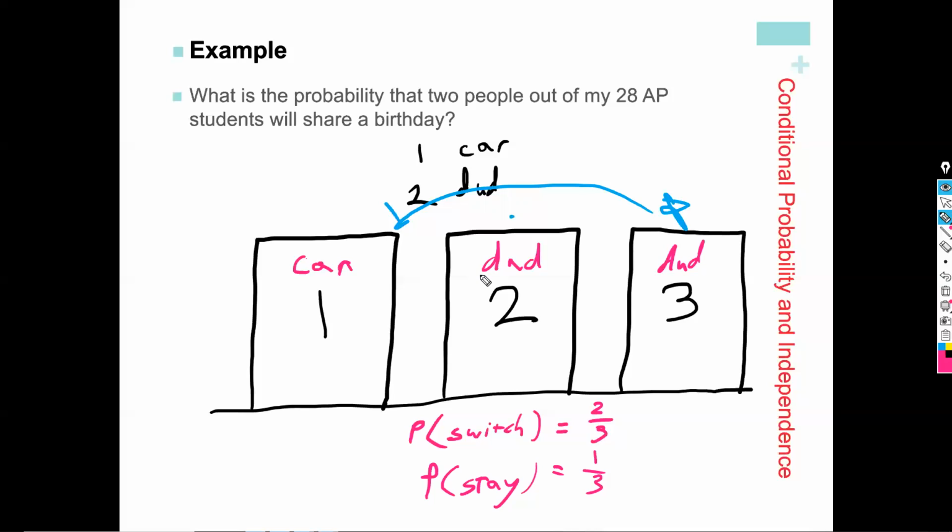And the other way you can think about it is that the only way that it's to your advantage to stay with the choice is if you pick the car at the very beginning. And that has a 1/3 chance of happening. In the other 2 circumstances, it's to your advantage to switch.